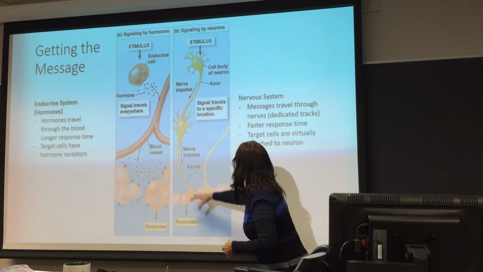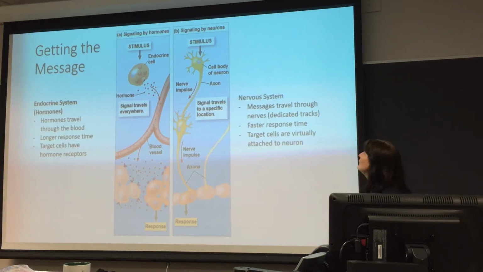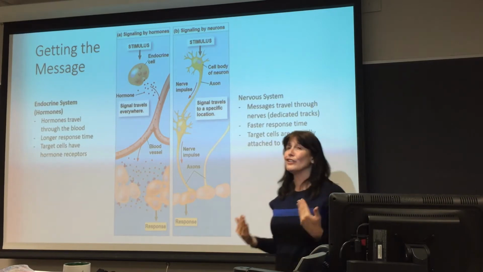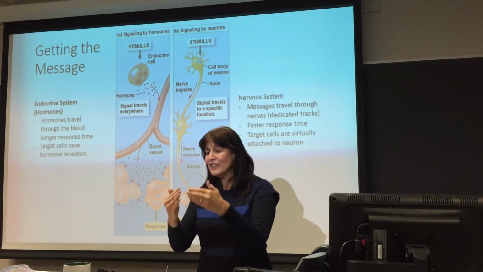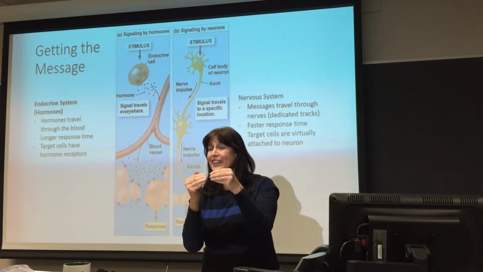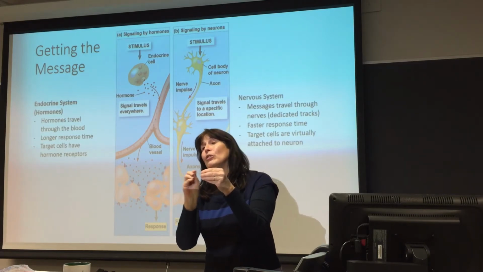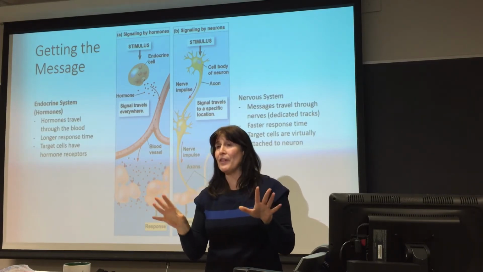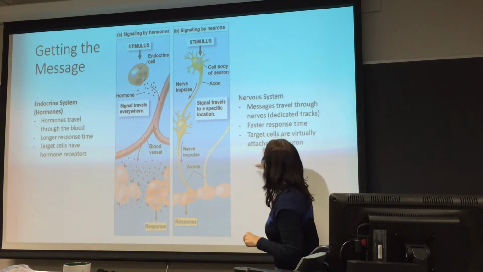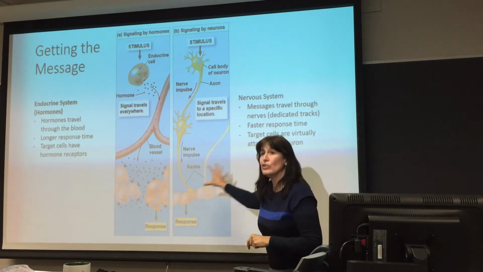So targeted cells are virtually attached to the neuron. We say virtually attached because neurons have little gaps between them, and then there are neurotransmitters, and we're going to talk about that when we get to the neurological system. But this is basically the two different ways.